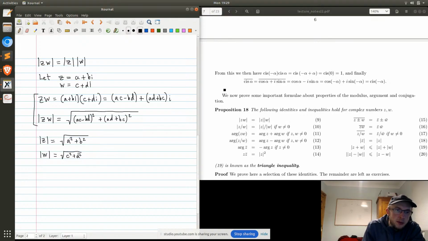But then you have to actually multiply these two moduli together. But remember that when you multiply the square root of something by the square root of something else, you get the square root of their product.